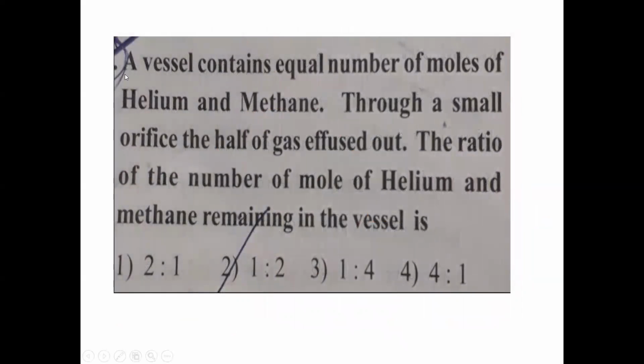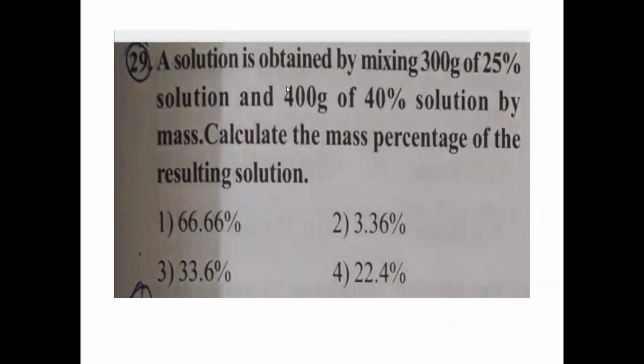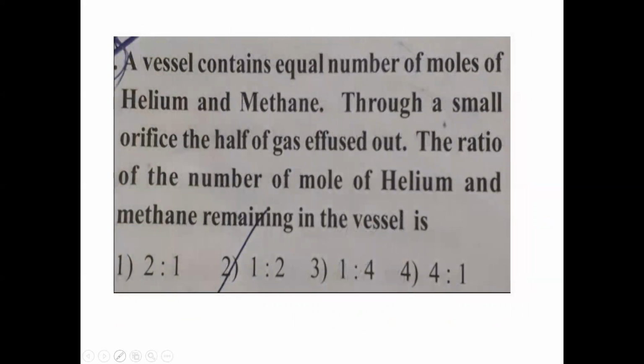Next, a vessel contains equal number of moles. Equal number of moles means the same number of moles should be taken here. Let it be 1 mole and 1 mole, or 2 moles and 2 moles, or 10 moles and 10 moles, whatever it is. So equal number of moles of what? Helium and methane.